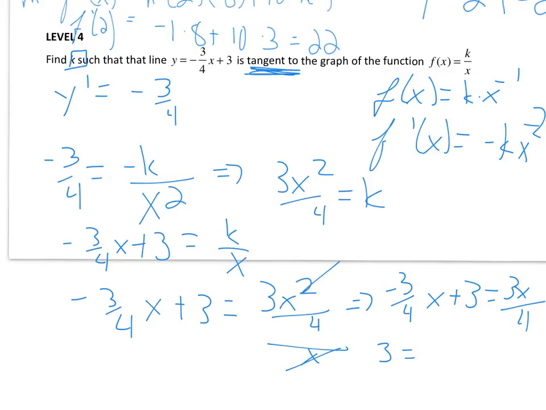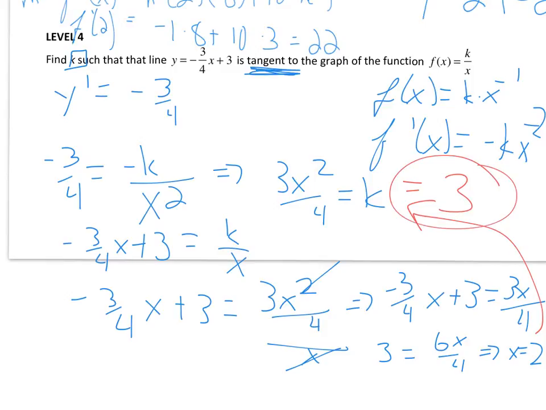I get 3 equals 6x over 4. And I can solve that. I get that x equals 2. If x equals 2, I can come back up here, and then k equals 3 times 2 squared over 4, which is the final answer of 3. So I'm using tangent both for the derivative, and also for meaning they intersect at exactly 1 point.